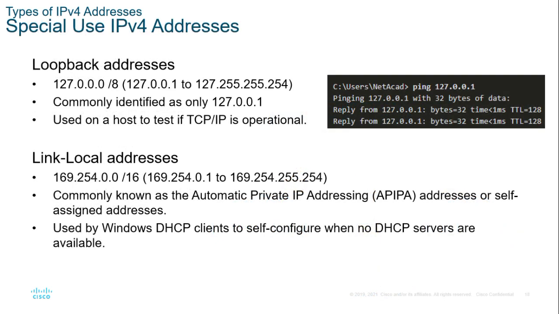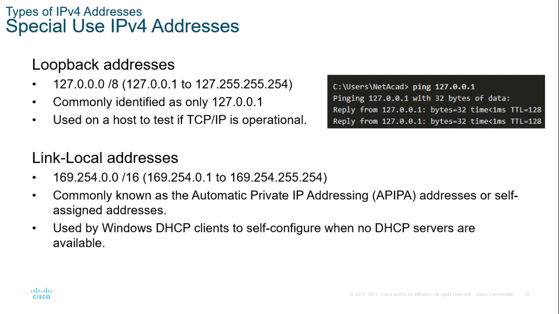Special use of IP version 4 addresses. Loopback addresses are used for testing purposes. They check whether TCP/IP is working properly, or whether the host TCP/IP configuration and services are working properly. The loopback range is 127.0.0.0/8, or 127.0.0.1 to 127.255.255.254.